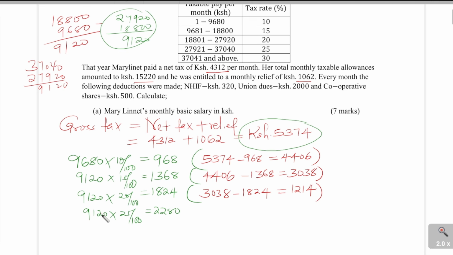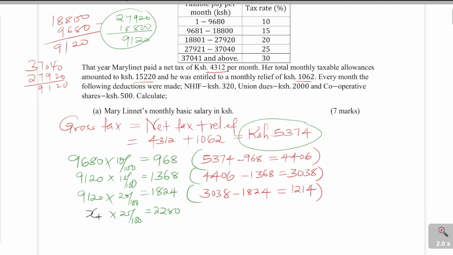So if we go with the whole of this amount, we are ending up with 2280. That means we are going to exceed this tax here. So it tells us that this amount, 9120, will not be full, and therefore not the whole of that amount will be taxed.